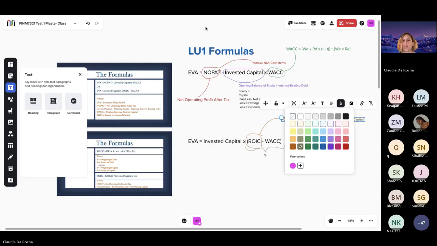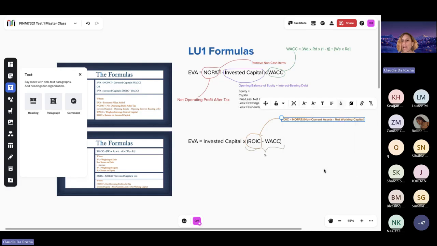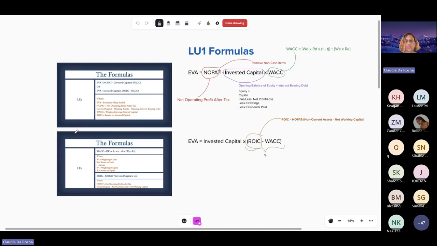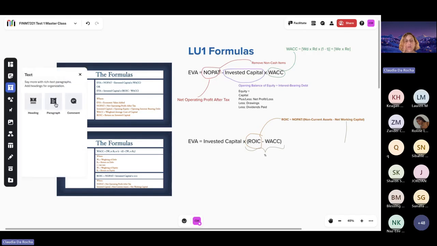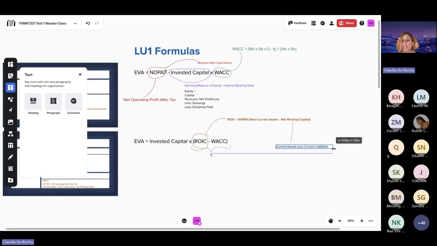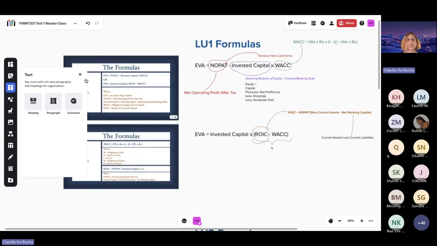The formula is exactly the same as what we had there. Your net working capital is basically your current assets less your current liabilities. Make sure you still know what your current assets and current liabilities are, because you could just be given a list of them and need to identify them and then work out your return on invested capital.